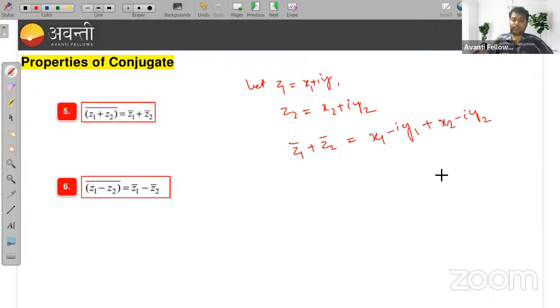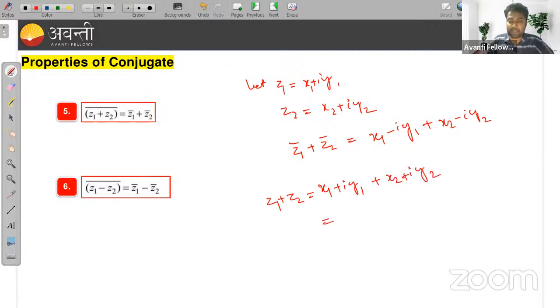See here, this is my right hand side. If I individually add both the complex numbers, then Z1 plus Z2, that is X1 plus iY1 plus X2 plus iY2, is the left hand side.